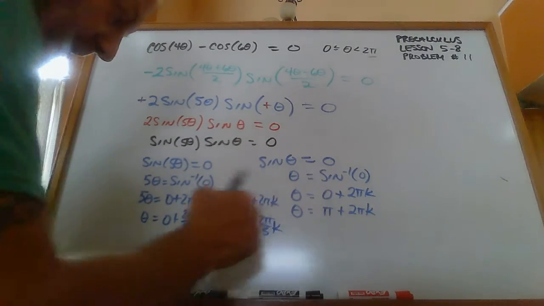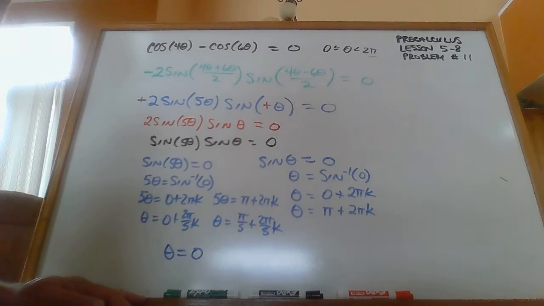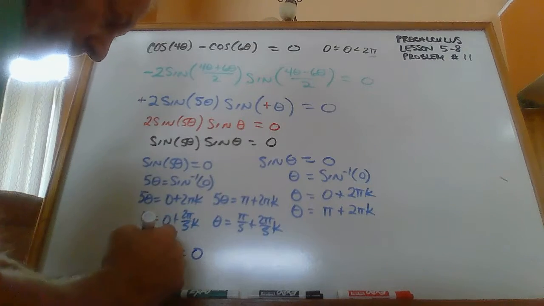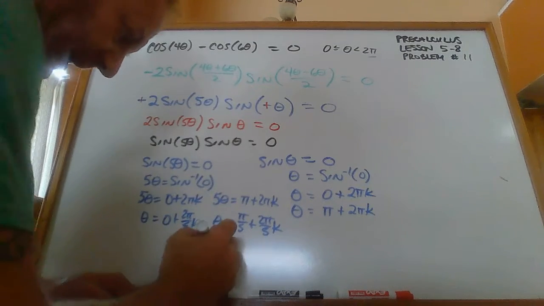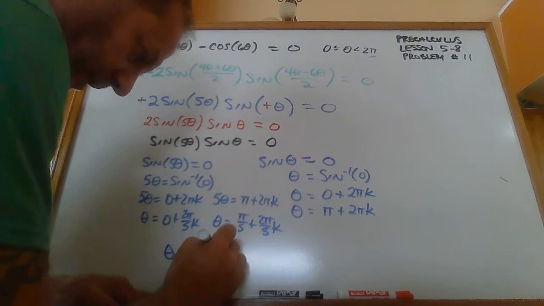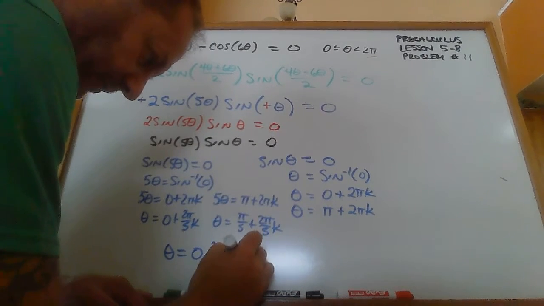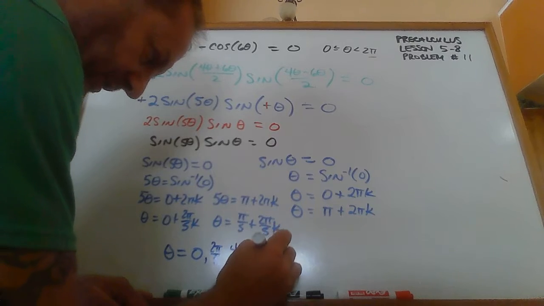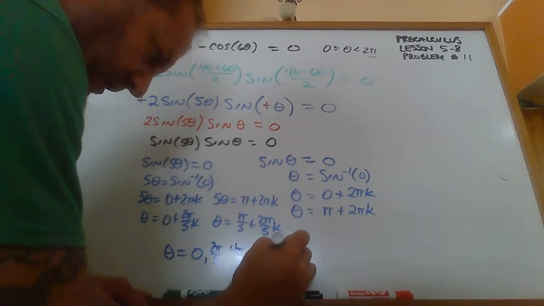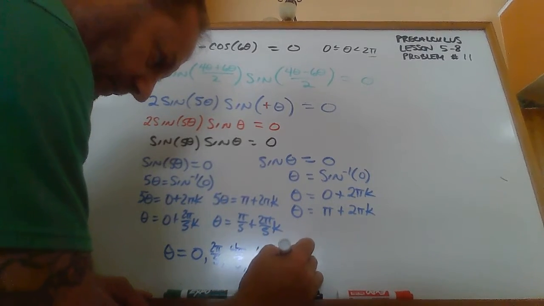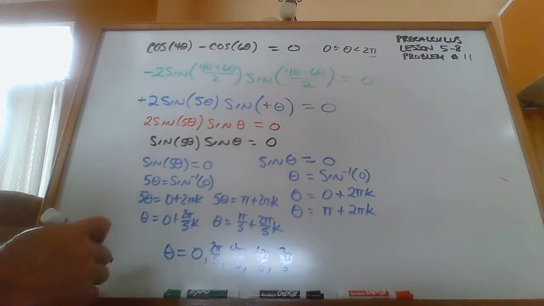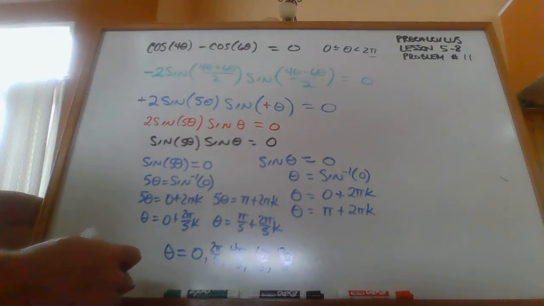We know that for sure from here and here. If I add 2 pi over 5 to that, I get another one at 2 pi over 5, another one at 4 pi over 5, another one at 6 pi over 5, another one at 8 pi over 5, and then if I add another 2 pi over 5, that's 10 pi over 5, which is 2 pi.